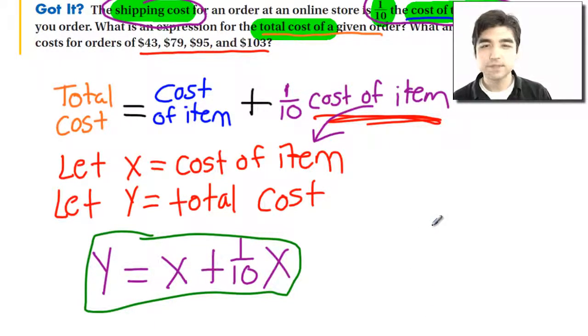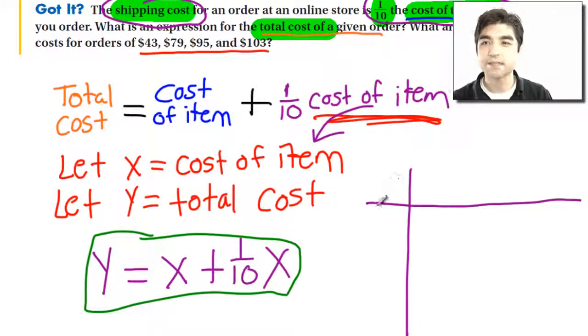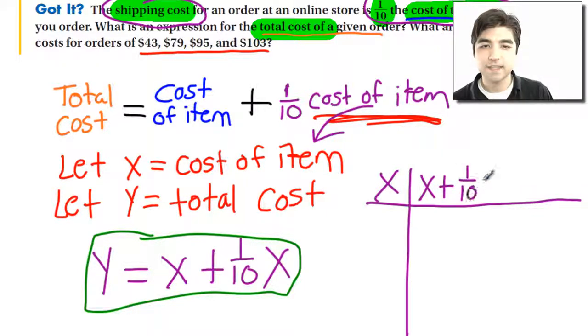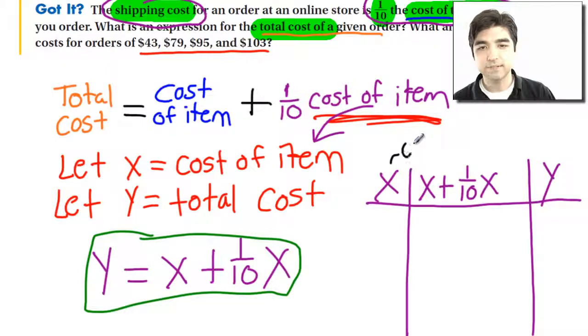So maybe the best way to do this is a table. Make a table. Yeah, I love tables. So we have x, and then we have our expression, x plus 1/10 x, and then we have our total cost. So this is cost of item.